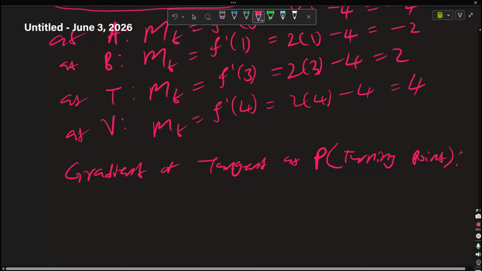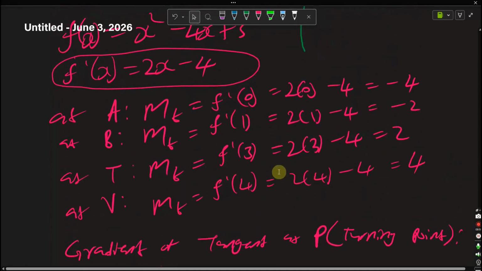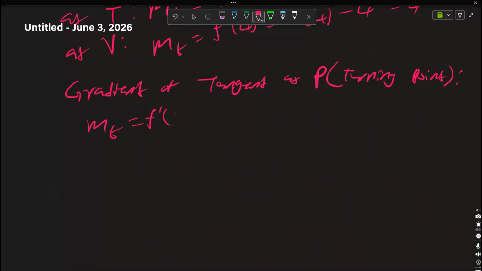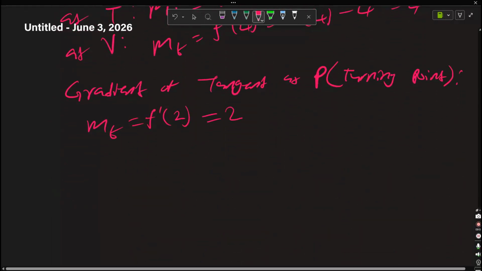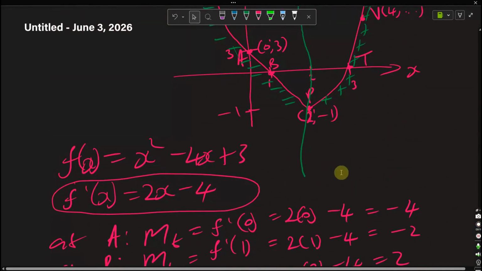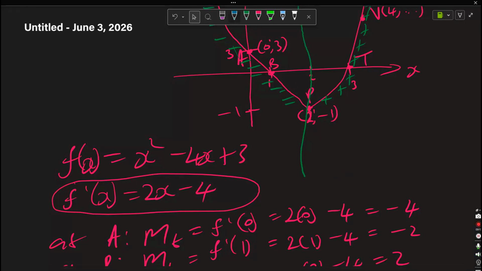Now, m_T is f prime. The x value at P is 2, right? Then that's going to be 2 times 2 minus 4, which is 0. Wow, beautiful, absolutely.